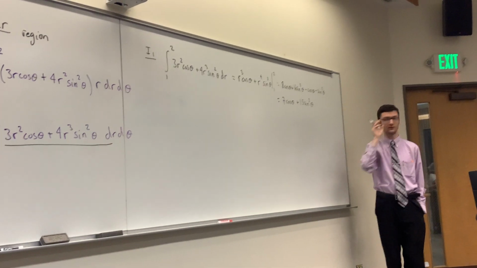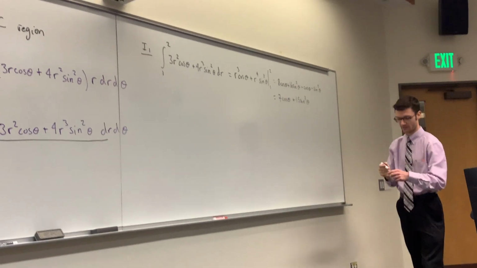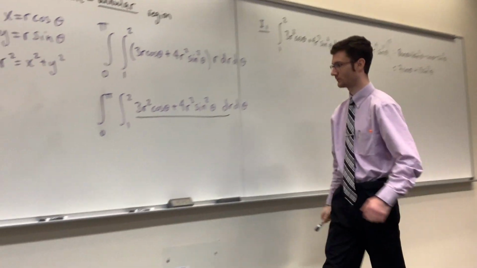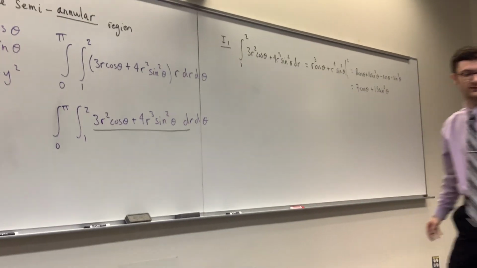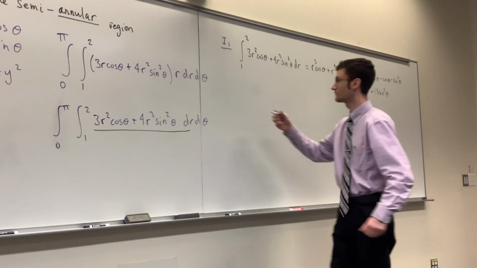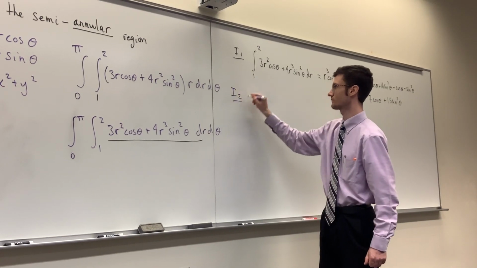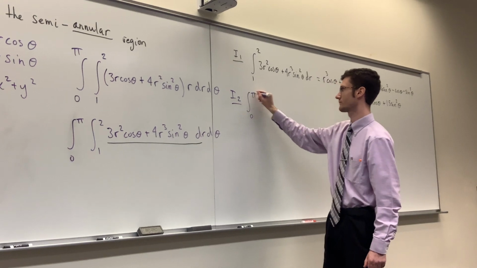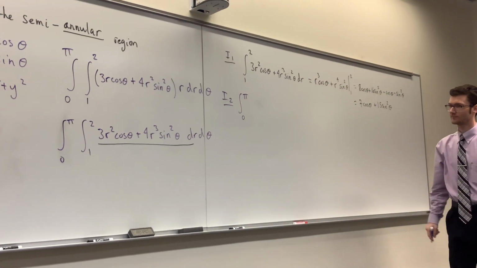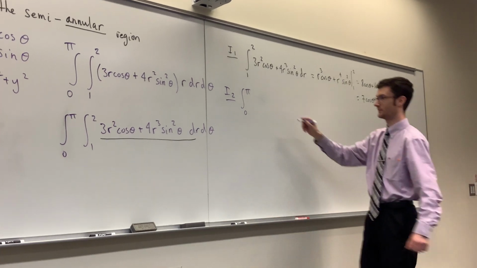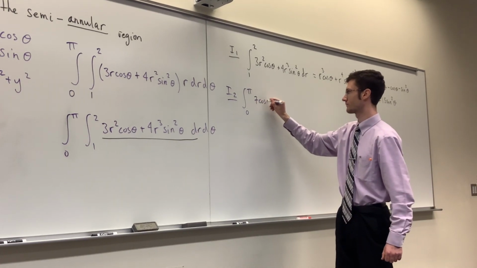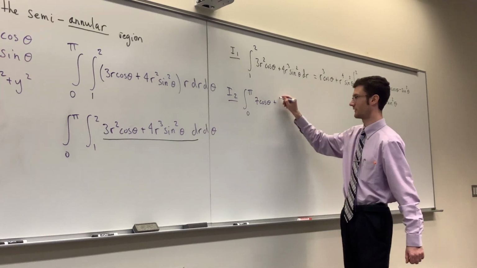Okay, so this is just our inner integral. So our outer integral, we're running from 0 to pi of, let's see, grab that one again. Okay, we're going to be integrating this now, 7 cosine theta plus 15 sine squared theta.